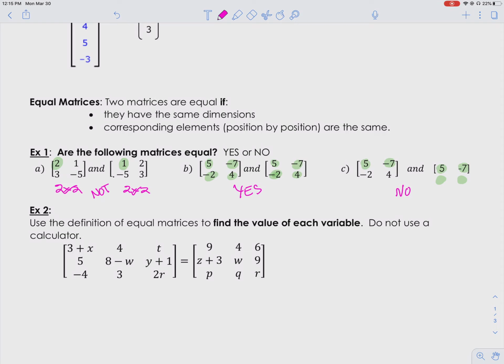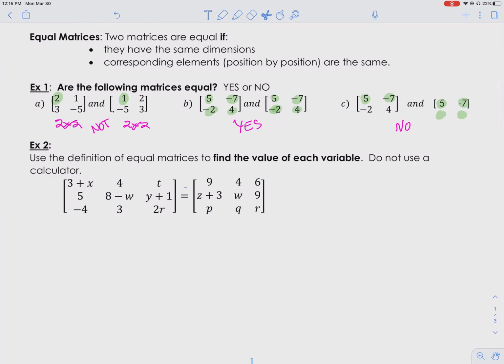So if you have been told that two matrices are equal, then that tells you that what is in this location matches what is in that location. So you can quickly figure out what x would be. 3 plus x is equal to 9, so my x is going to be 6. I'm going to go through and start trying to solve for each of these.